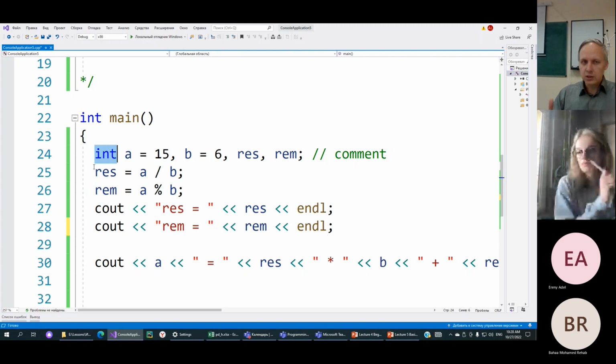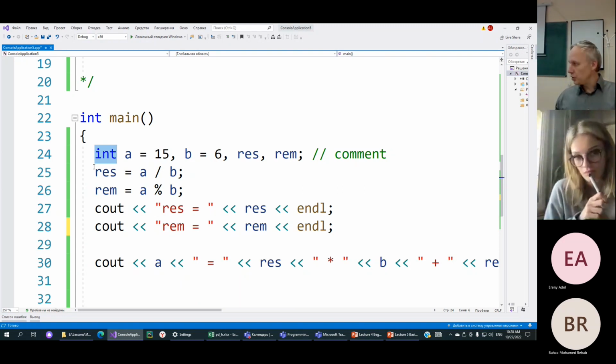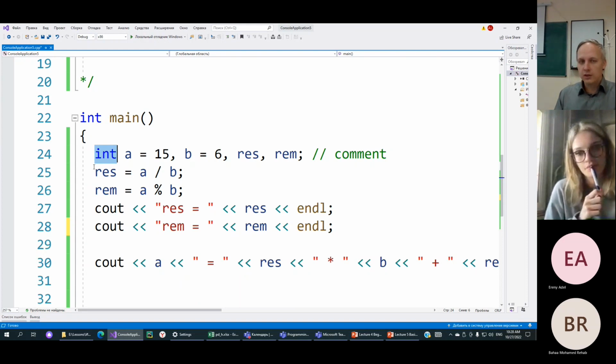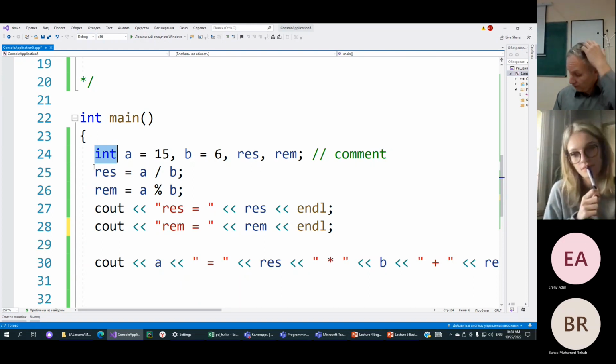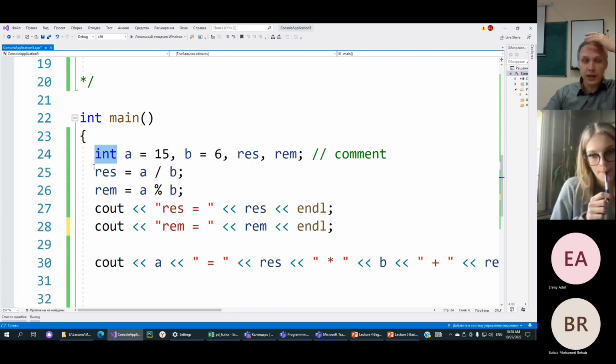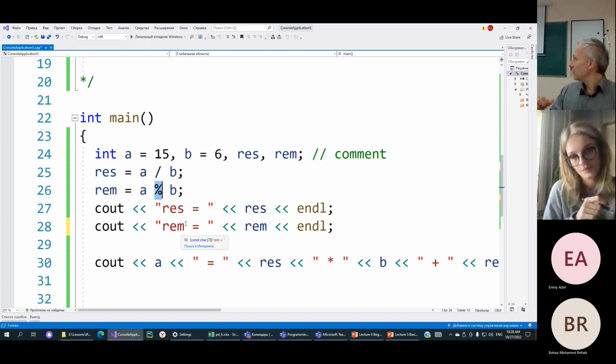For int we have the usual operations with their usual results: addition, subtraction, multiplication, and 2 special operations. Division is not a real division, it's integer division. We have the integer part as a result, and a special operation of getting the remainder.